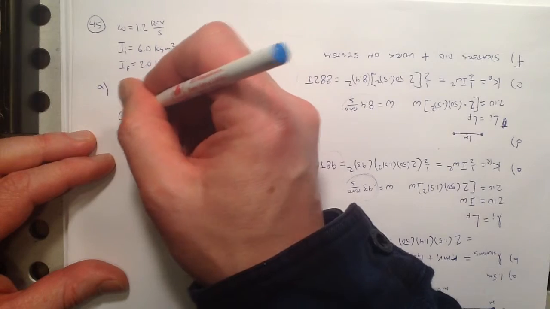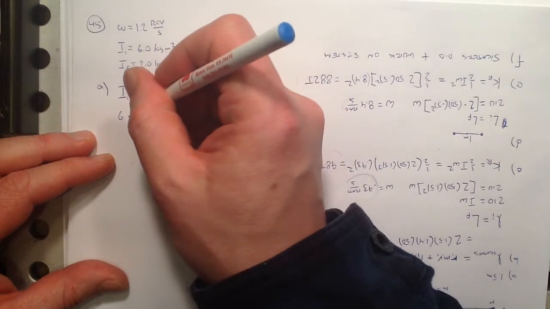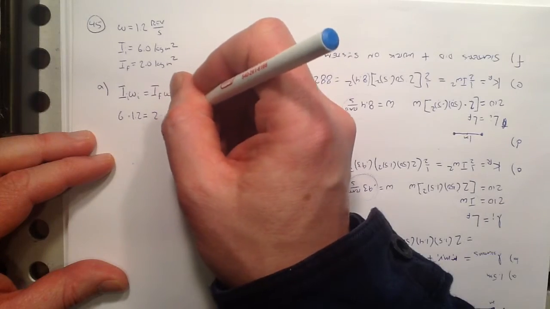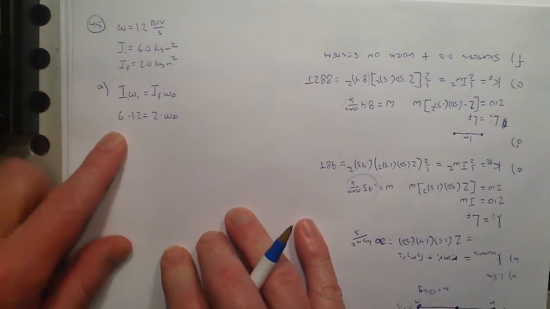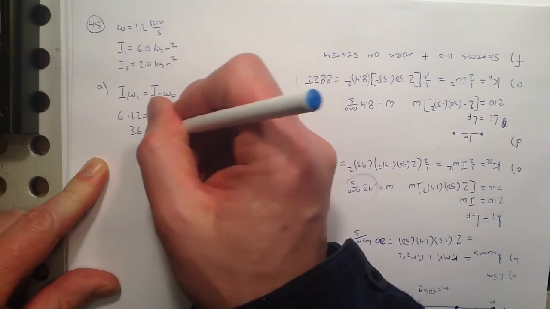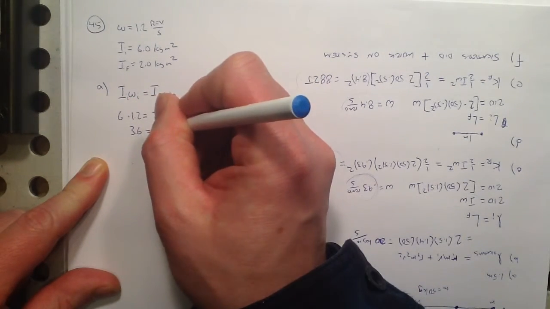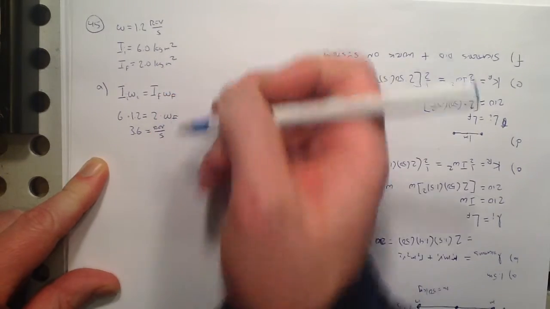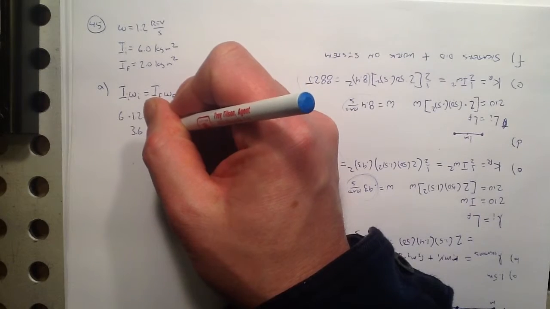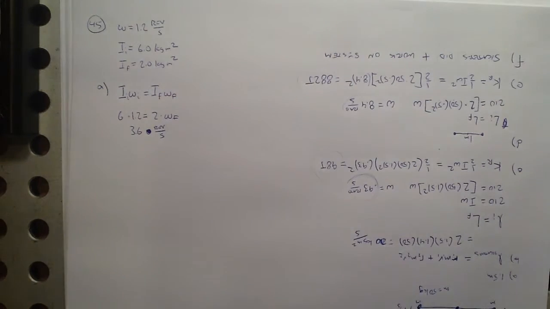That gives us 6 times 1.2 is equal to 2 times final omega, so that's 3 times 1.2, which is 3.6 revolutions per second. You could turn that into radians per second. That'd be fine if you did that.